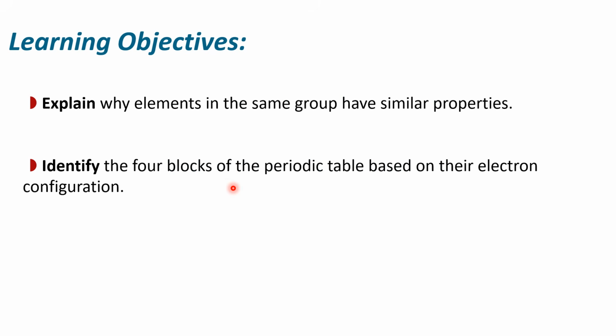After this lesson, you should be able to explain why elements in the same group have similar properties, like group 1, group 2, group 7, so on, and identify the 4 blocks of the periodic table based on their electron configuration. Okay, so the periodic table can be divided into 4 blocks, which we will see together inshallah throughout this PowerPoint presentation.